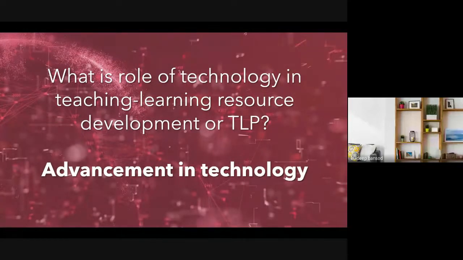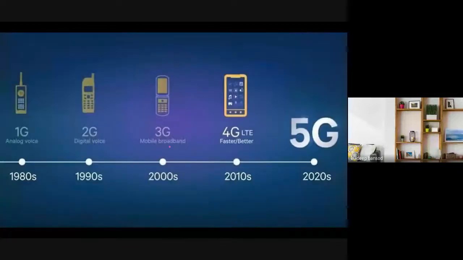As technology advances, we know that we have shifted from 1G, we are now in 4G, and are likely to shift to 5G in the coming one or two years. If you look at this paradigm shift, in 2005 or 2001 it was very hard to send files from one phone to another.